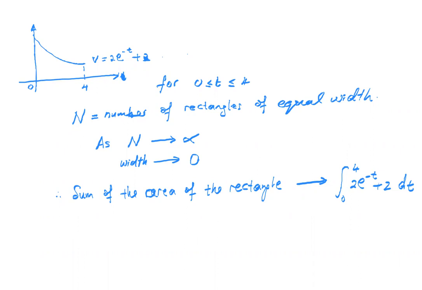This sign of the integration gives you the sense of the word sum. Now you know why the integration sign looks like letter S. So this is the sense of limit in integration.